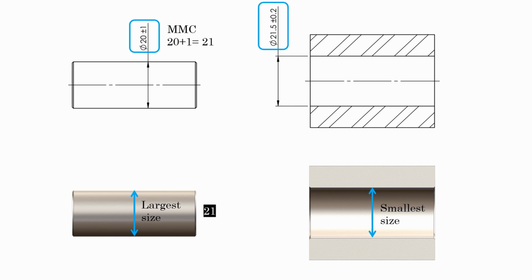And for the hole, the smallest size will also be at its MMC, 21.5 minus 0.2, 21.3 mm. So there will always be at least 0.3 mm clearance, or positive clearance, between the shaft and hole, meaning the shaft will always pass through.